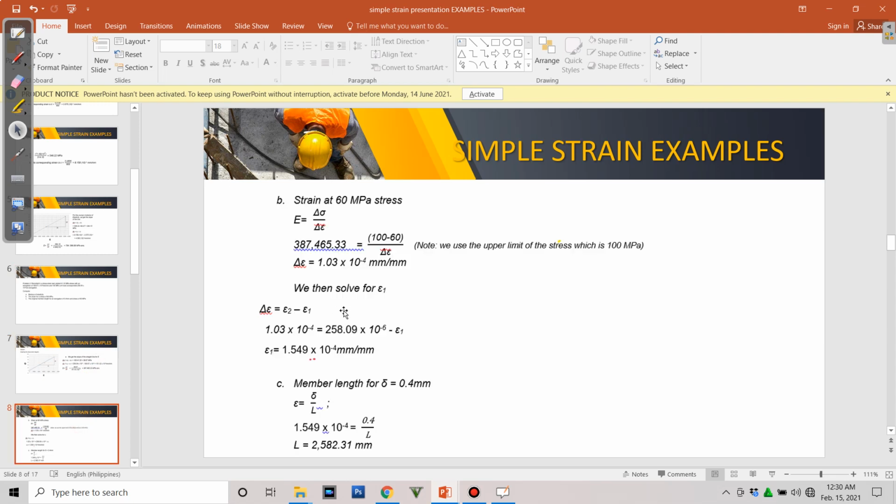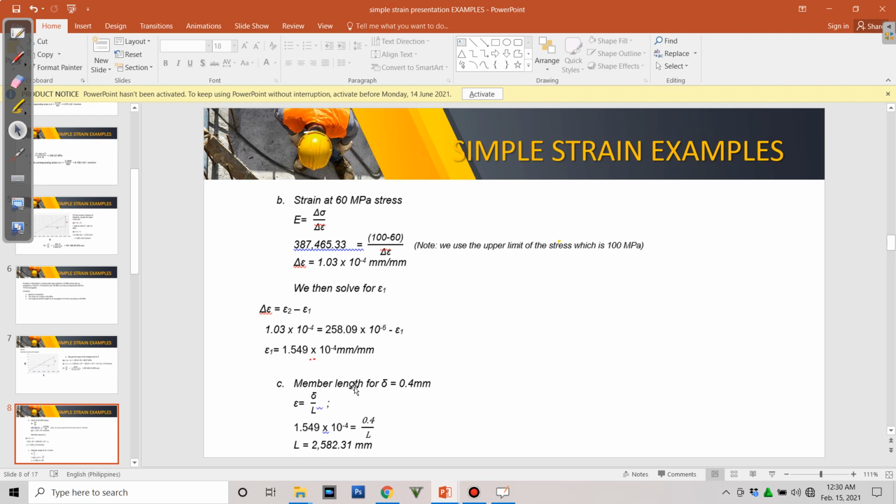And then from that, the strain for 60 megapascal stress is computed to be equal to 1.549 times 10 raised to negative 4 millimeter per millimeter. So in short, 1.03 times 10 raised to negative 4 minus, this is just transposed to the other side, we will yield this answer.